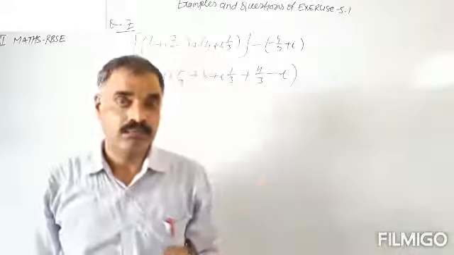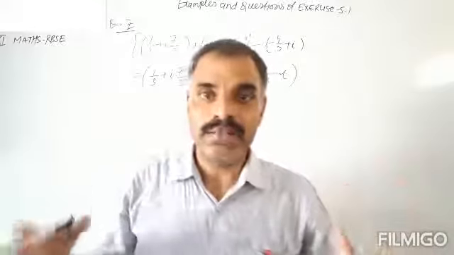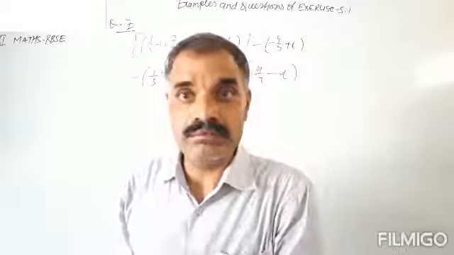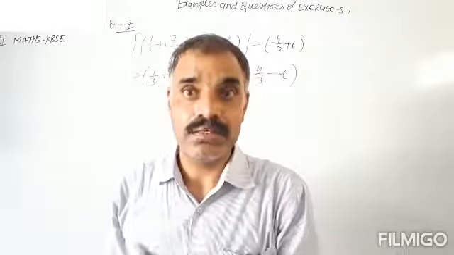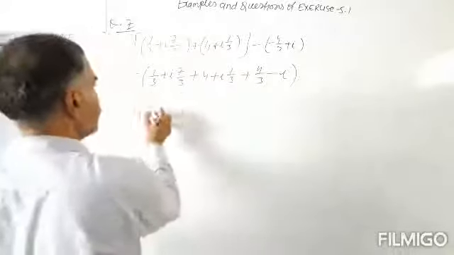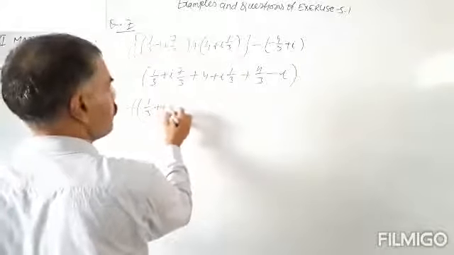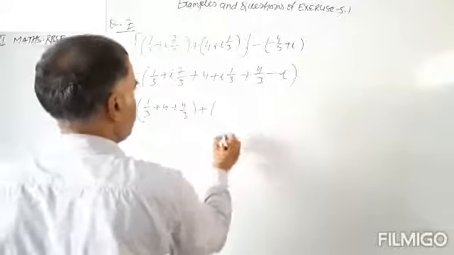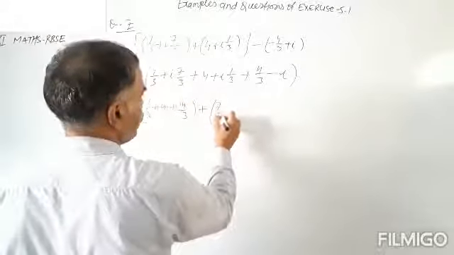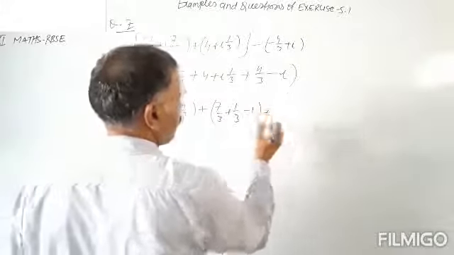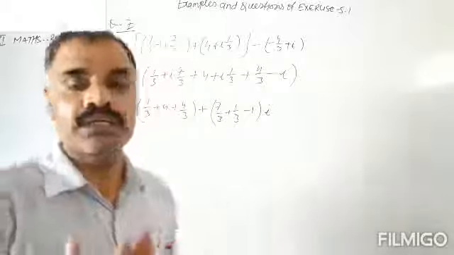Now add all the real numbers in one bracket and all the imaginary numbers in another bracket. So the real numbers are 1 upon 3 plus 4 by 3, and the imaginary parts are 7 by 3 plus 1 by 3 minus 1, taking iota as common.